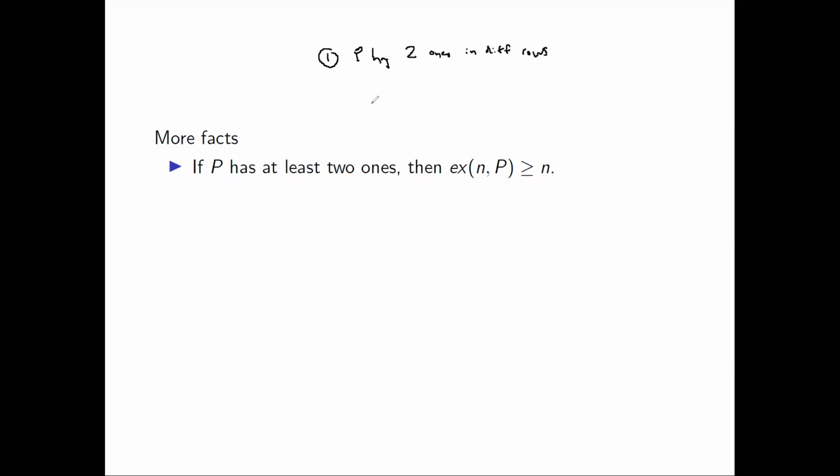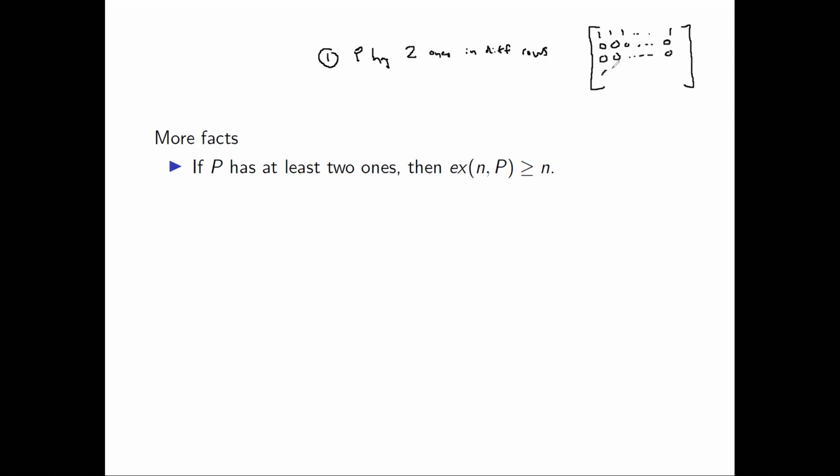So if P has 2 ones in different rows, we can take an n by n 0,1 matrix which has only a single row of ones, and all the rest of the rows are all zeros.